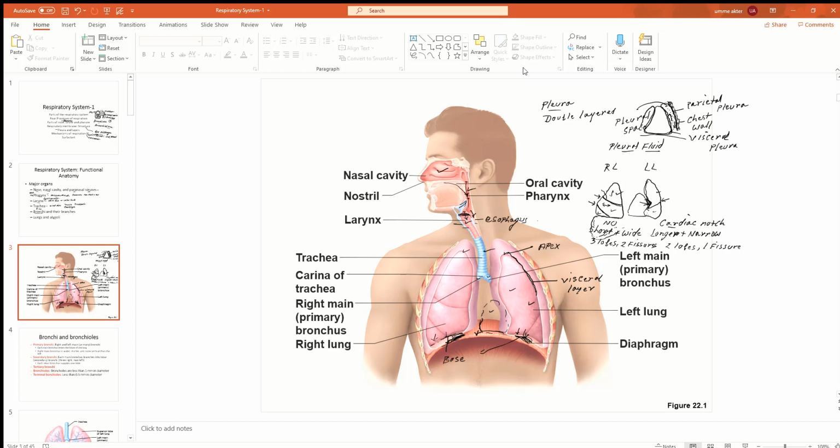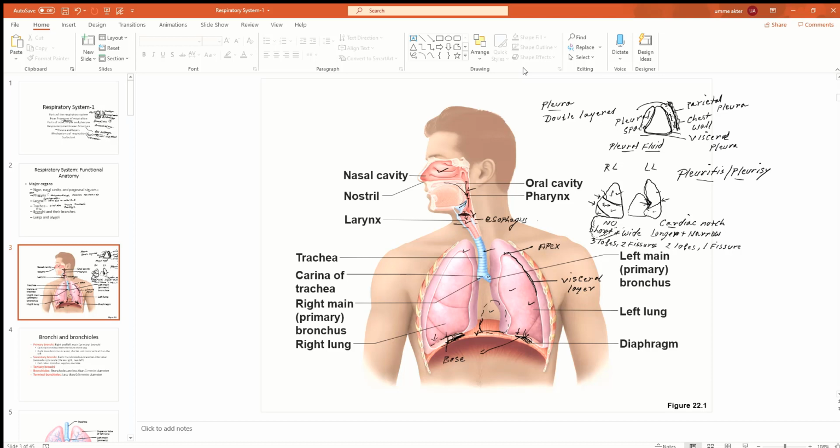Now it is like pericardial fluid and pericardium. Now a clinical condition that is called pleuritis. Itis means inflammation, also called pleurisy. Same thing. So pleuritis or pleurisy is the inflammation of the linings or layers of the lung.